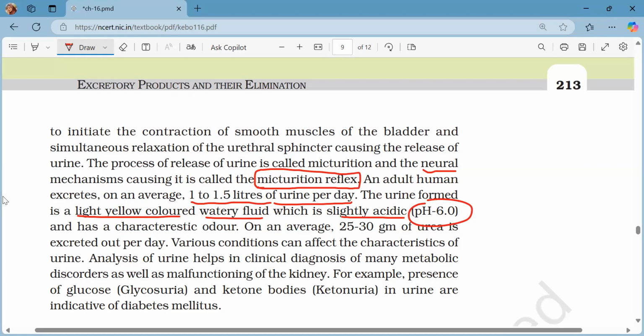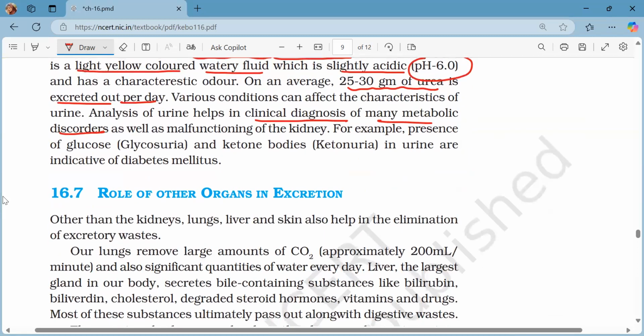In this, 25 to 30 grams of urea is excreted per day. But again, the amount of urine produced can be affected by a lot of conditions. Analysis of urine helps in the clinical diagnosis of many metabolic disorders like glycosuria, when there is the presence of glucose in the urine, and ketonuria, ketone bodies.